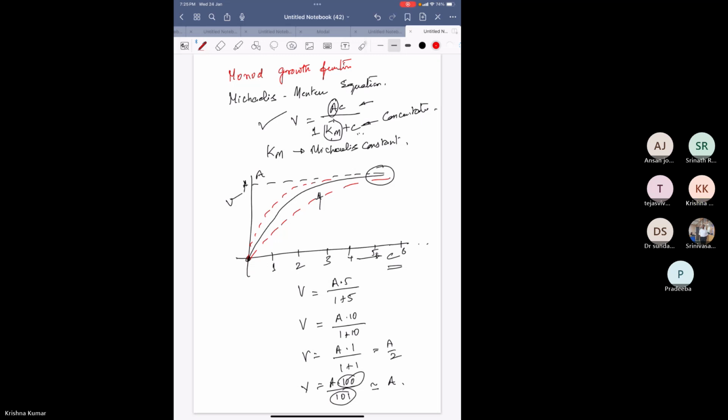Nevertheless, ultimately, all of them have to lie very close to this quantity A. They will never reach A. So in mathematics, we call this an asymptotic value. Because it's horizontal, we call this a horizontal asymptote.